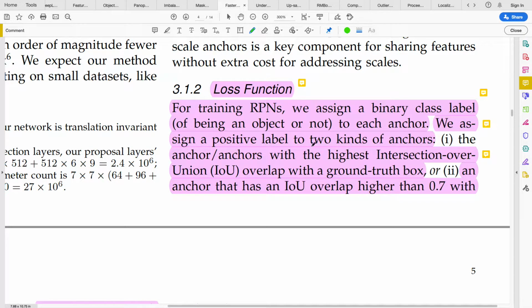So we assume a positive label for two kinds of anchors. First of all, we check the anchors. We have a certain number of anchors that are predicted, and we check how well they match the ground truth. So we choose the one that has the highest match, the highest intersection over union with the ground truth.